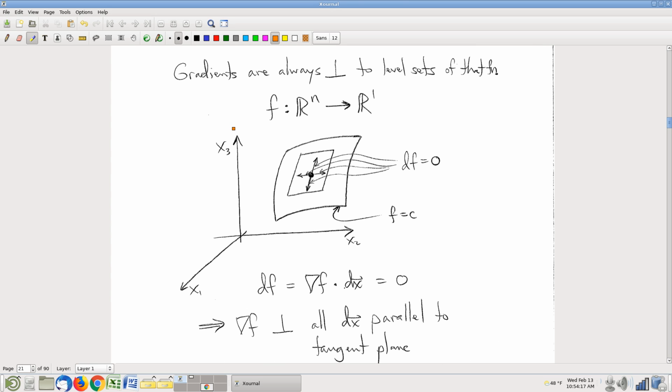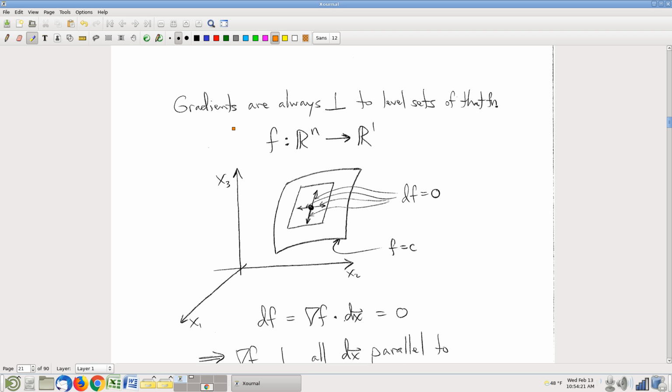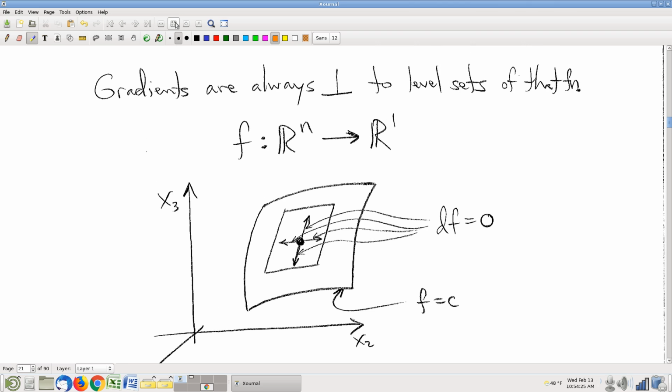One final interpretation of the gradient. This is a really neat fact, very useful. We're going to see a use of this momentarily. Gradient vectors are always perpendicular to level sets of that function.